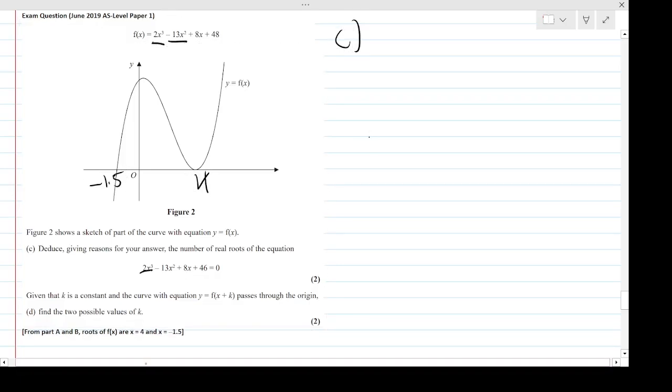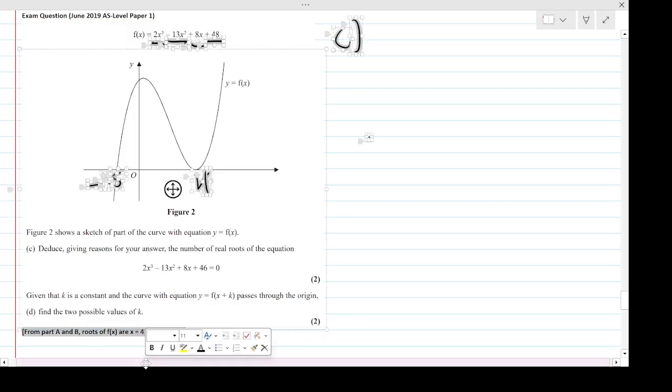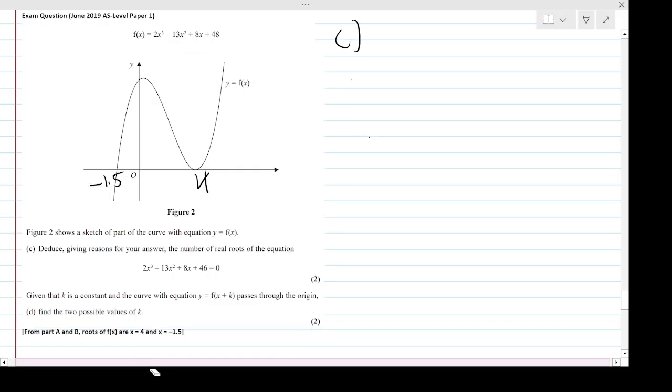Then I have minus 13x squared and minus 13x squared. Yep. 8x. 48. 46. Oh, that's a bit different. Okay, so it's not just looking at the graph, because they're technically different graphs, okay? But it's still quite similar, so we can use this original function.